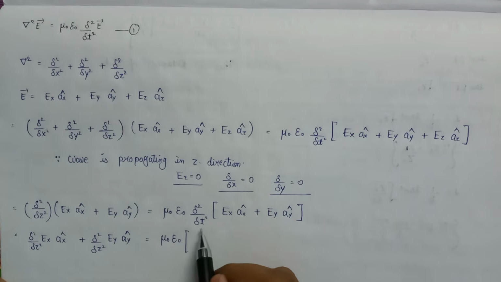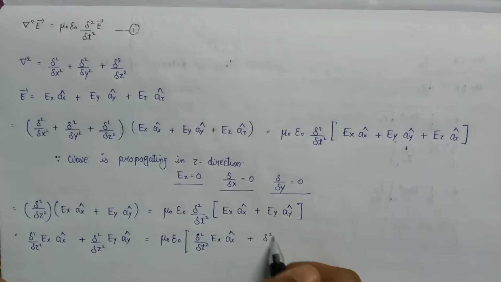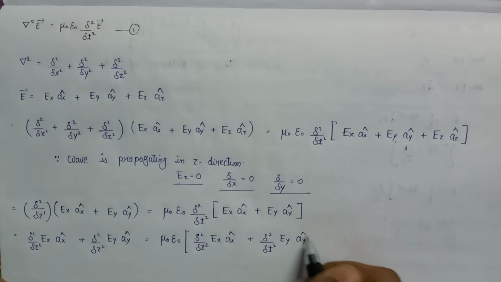On taking del 2 over del t square inside the bracket, we get del 2 over del t square of Ex Ax cap plus del 2 over del t square of Ey Ay cap.